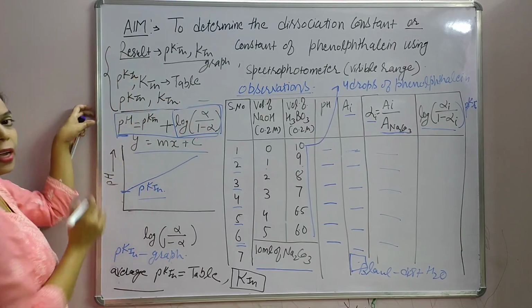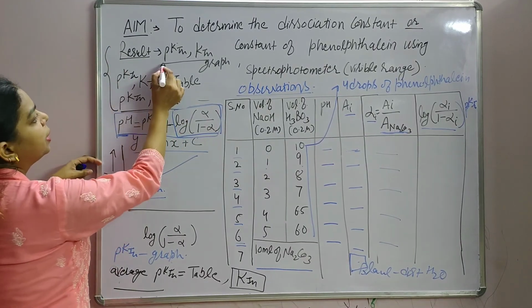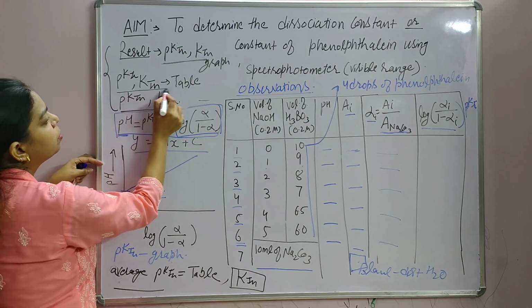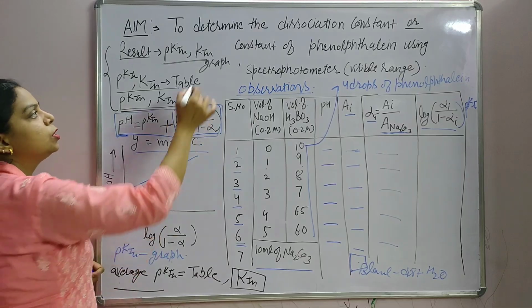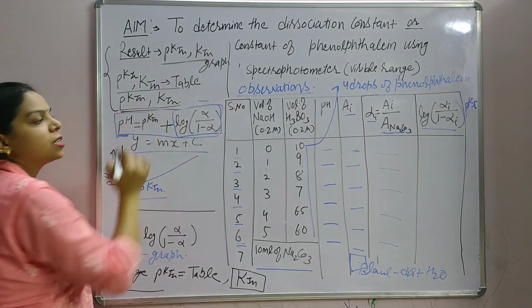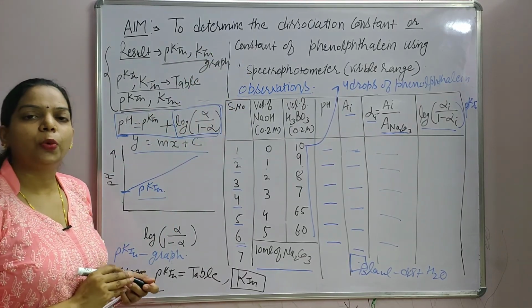So you can compare the three: pKin from the graph, from the table, and whatever is the theoretical value, the actual value. So we will compare these three results. This you have to report in the results.